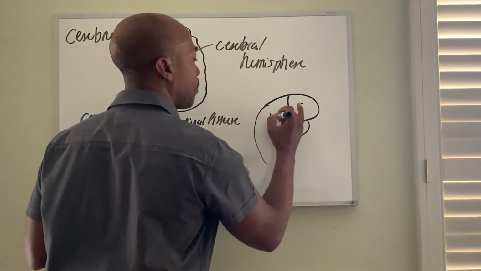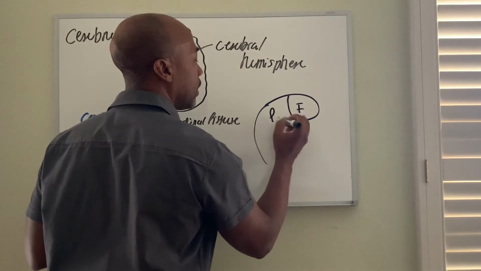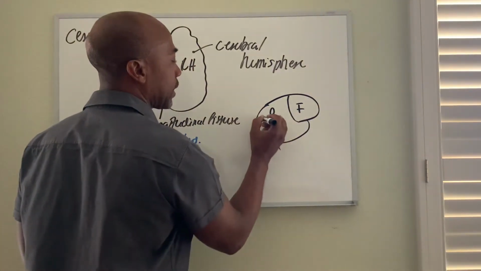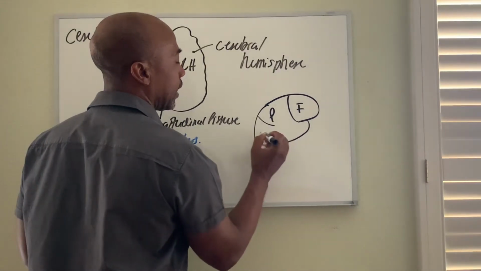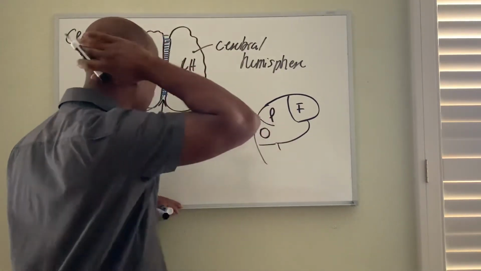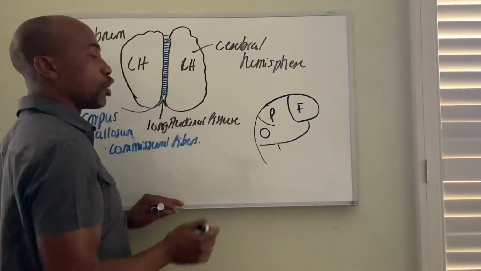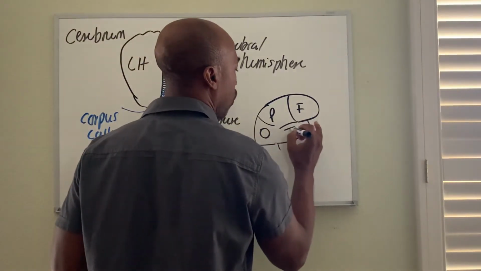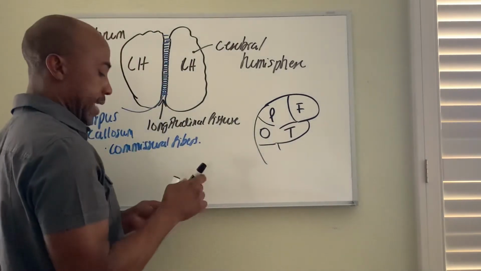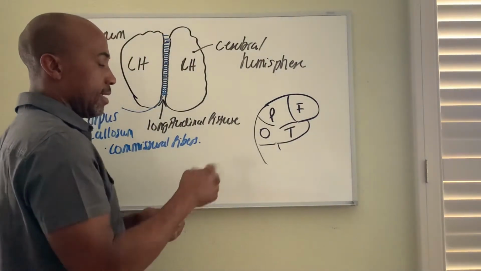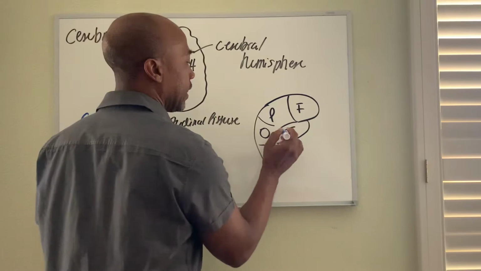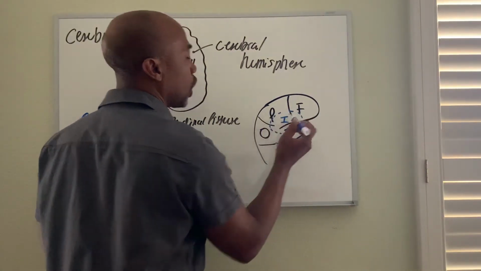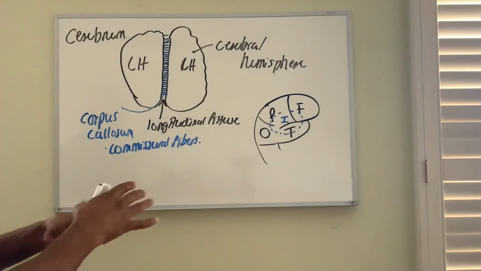Over here is your parietal lobe that sits behind the frontal lobe. Back around here is your occipital lobe, the back of the brain that sits deep to your occipital bone. Over here will be your temporal lobe, okay? And then hidden deeper in is another lobe back here called your insular lobe. So you have 5 lobes in each hemisphere.